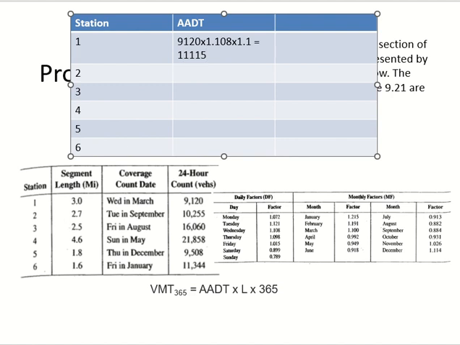Okay, got it. Second one, the count is 10,000 something, and multiply by the Tuesday factor and the September factor.